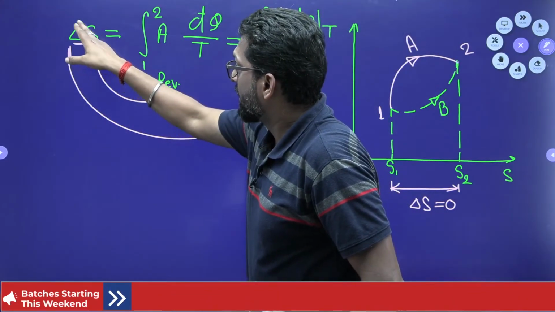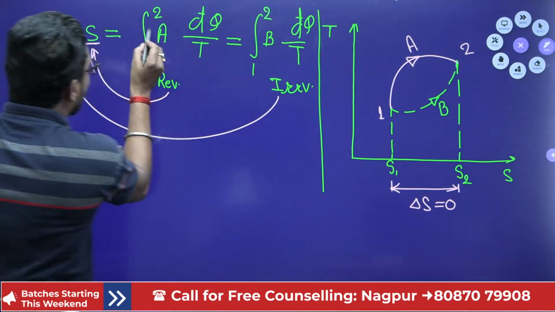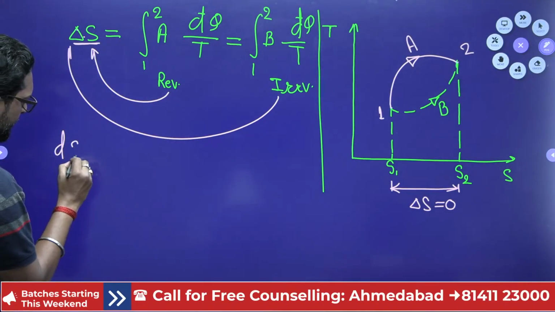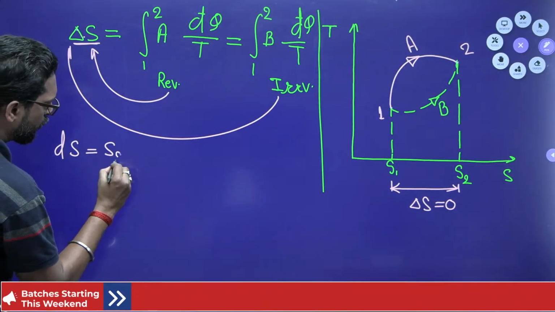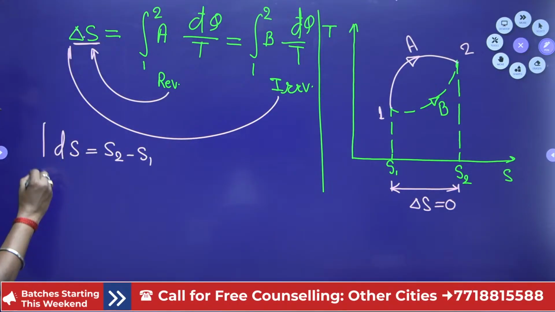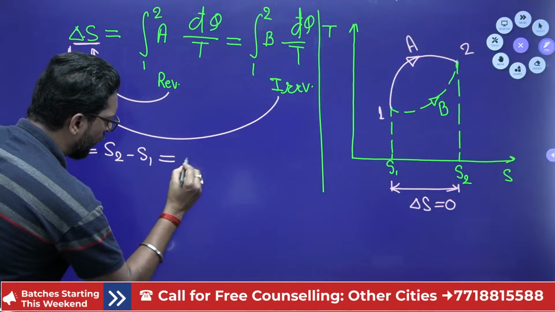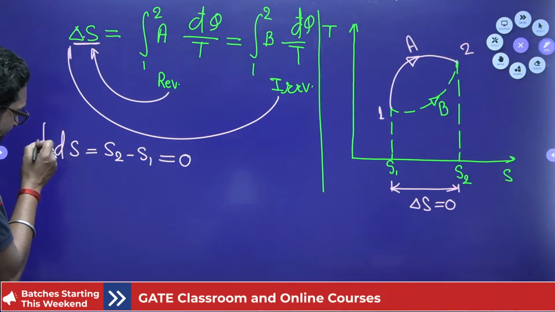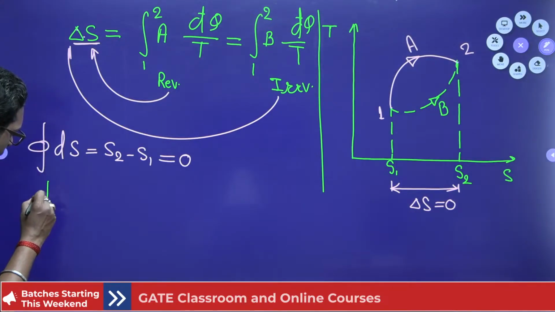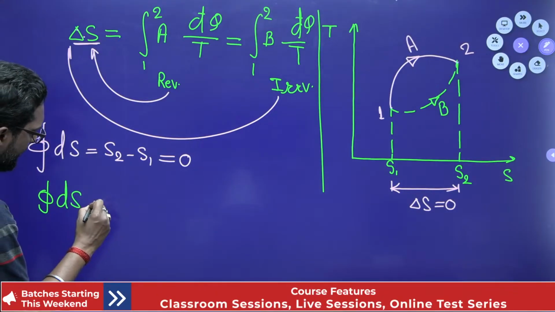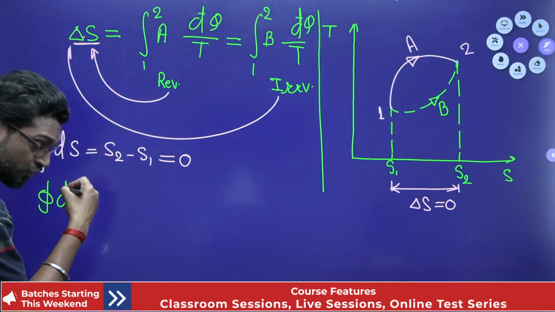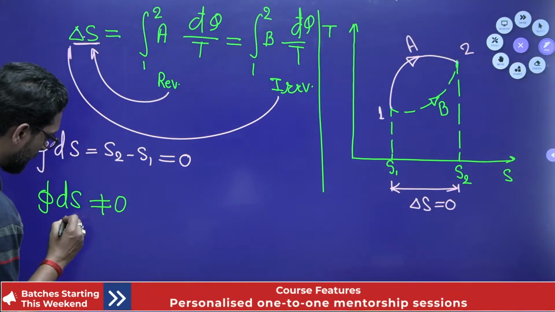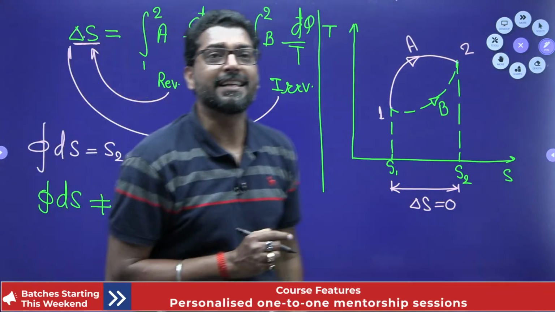If you do a cyclic integration, that means if you see dS is equal to S2 minus S1, and if this is a cyclic integration, it must be 0. Then that is the property. But if the cyclic integration of dS is not equal to 0, then this S is not a property.